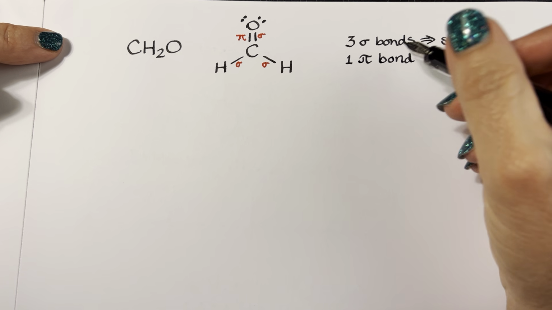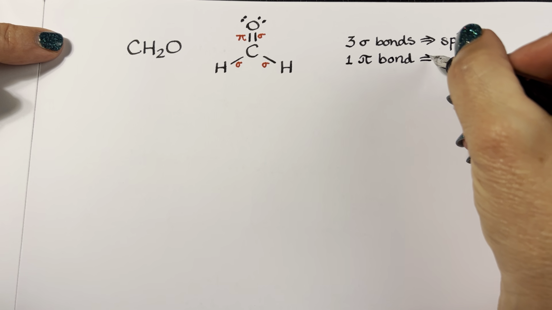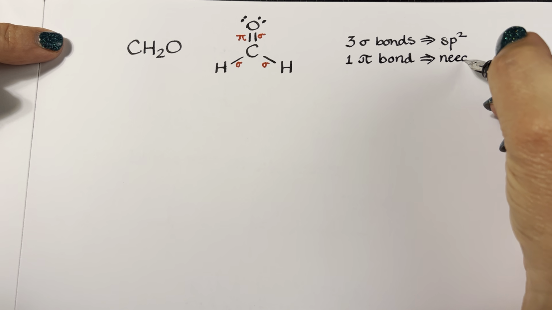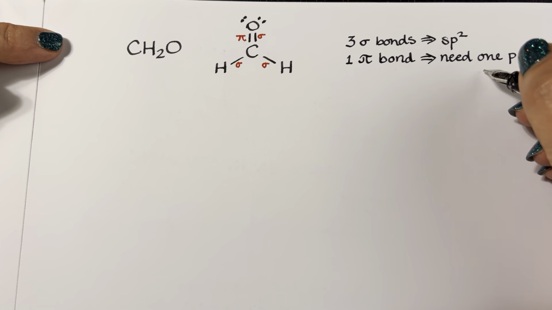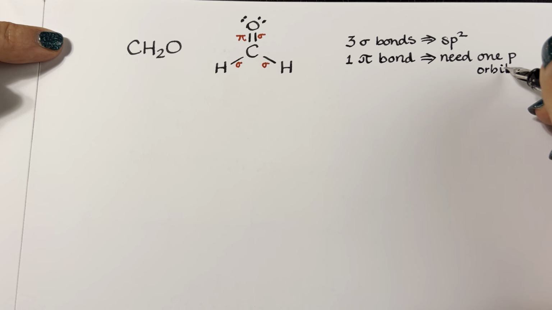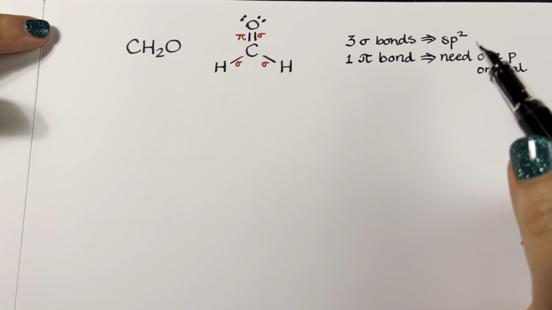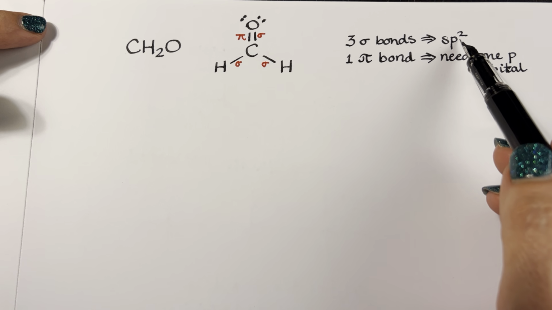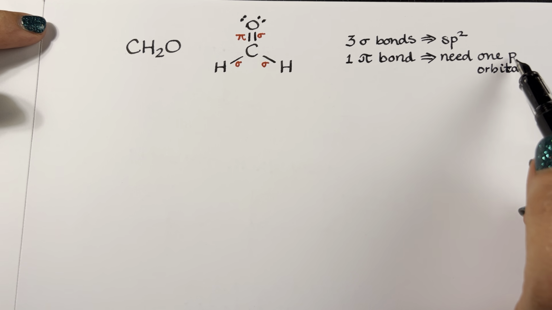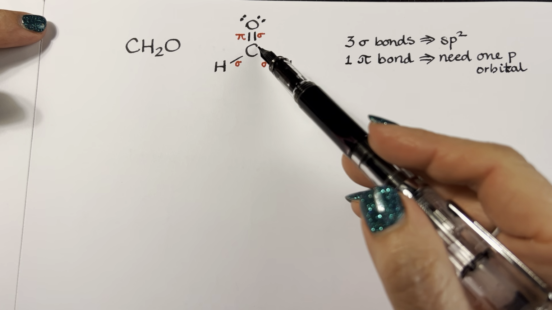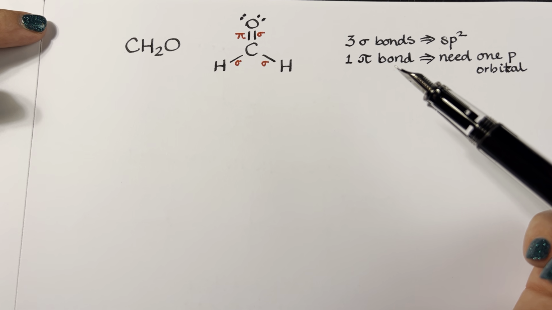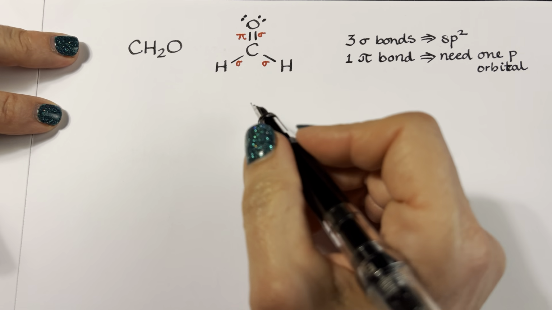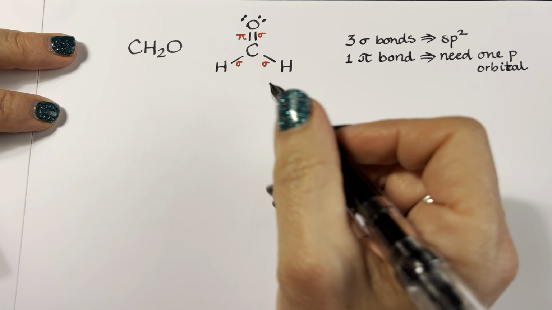Okay, now for the pi bond, we need 1 p orbital. Okay, 1 unhybridized p orbital. Well, thank goodness we didn't hybridize all of them. We only hybridized 2 of them because now there's 1 left over, and that can overlap with a pure p orbital from the oxygen. Okay, so let's look at this from a side angle.